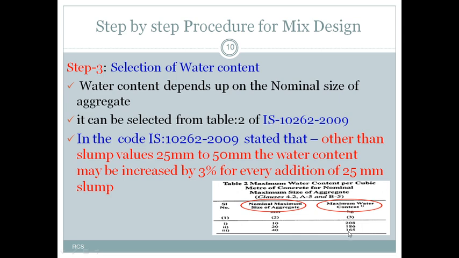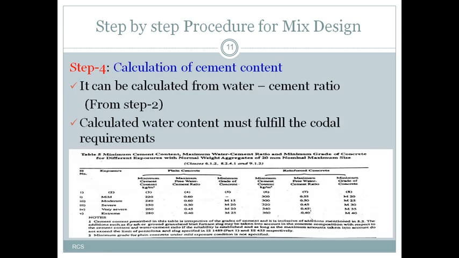For this 20 mm, if I assume my slump is 50 mm, then it is 186 liters. But here I am assuming my slump value is 75 mm, which means it is 25 mm extra. That means for 186 liters of water, I will add 3% more because the slump was increased by 25 mm. So this is how we calculate the water content for designing the mix proportions.